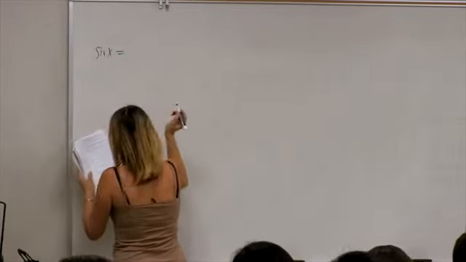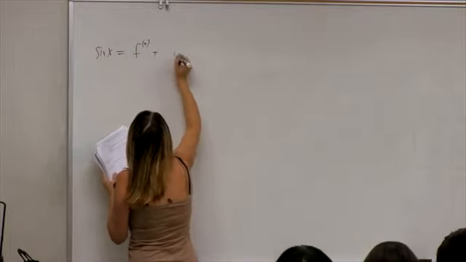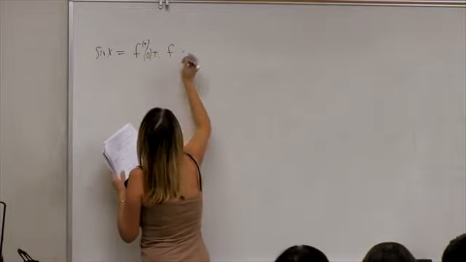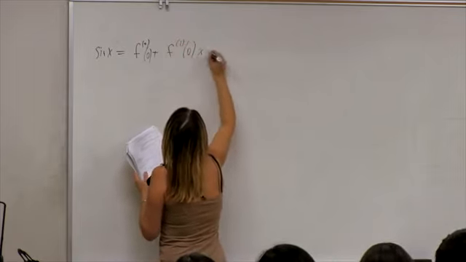So sine x is given by f of 0, f prime of 0 times x, and so on.